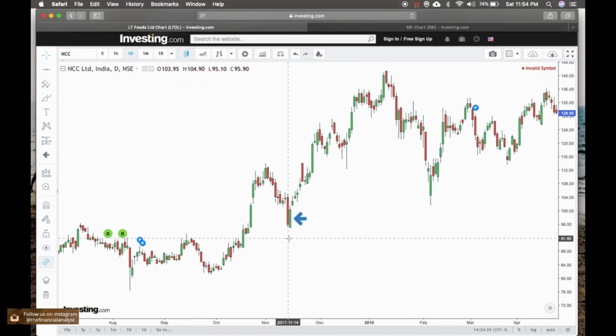So this piercing candle is a very good reversal pattern and will yield very profitable results to you in the stock markets. You can use this across all time frames. I'm using it on the daily charts, but you can use it across all time frames and across all segments, for example, foreign exchange or commodities.